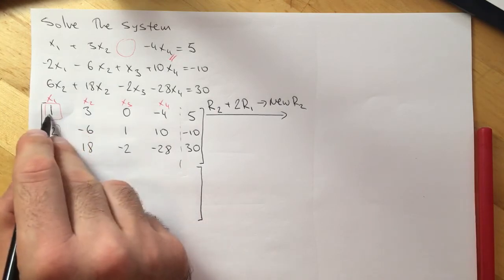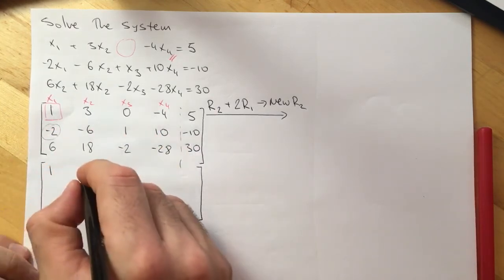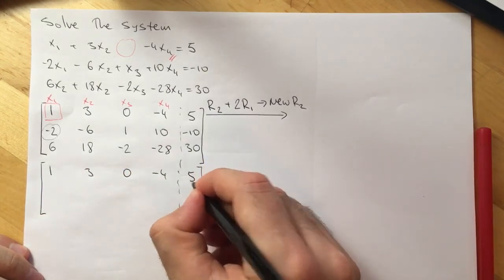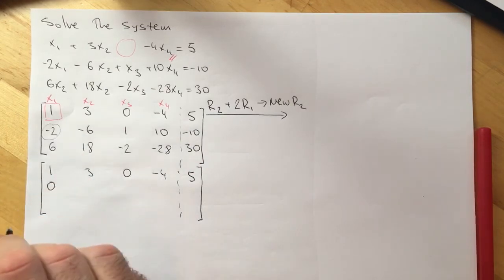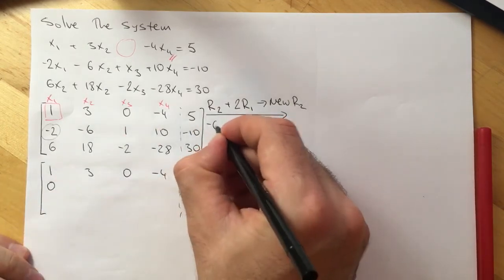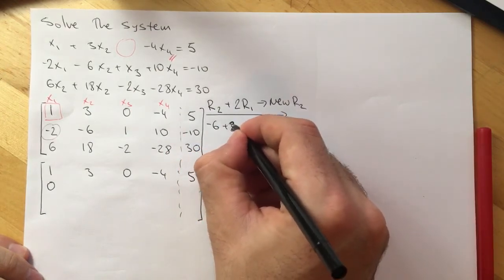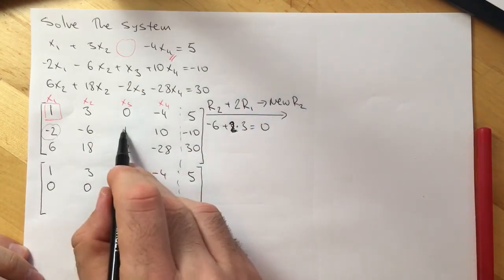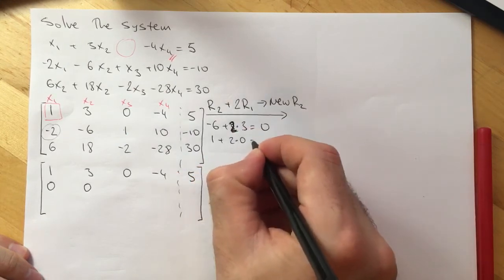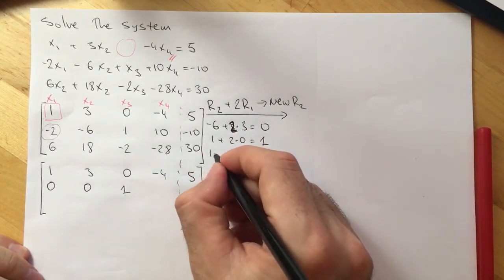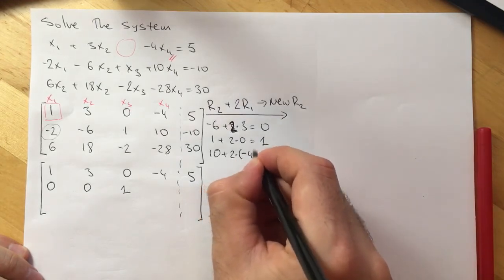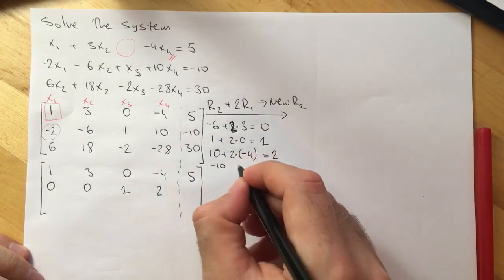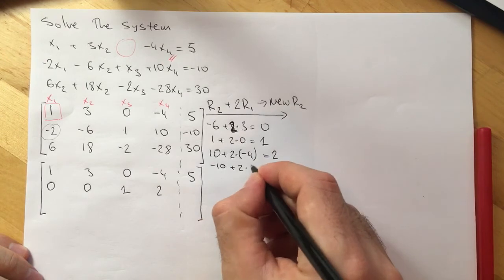So I just change the second row, so I copy the first row, 1, 3, 0, negative 4, 5, negative 2 plus 2 is 0, negative 6 plus 2 times 3, that's also 0, okay, 1 plus 2 times 0 is 1, 10 plus 2 times negative 4, it's 2, and negative 10 plus 2 times 5 is 0.